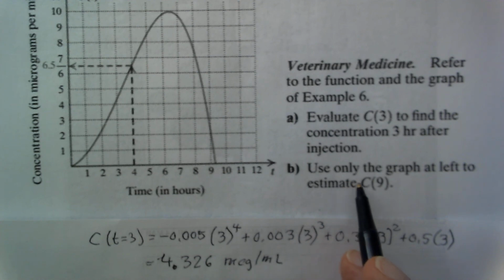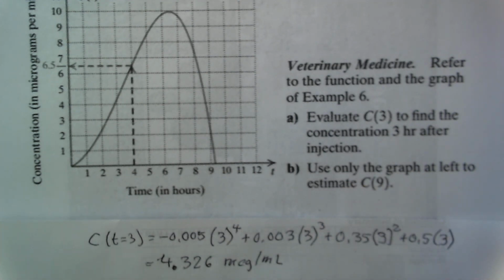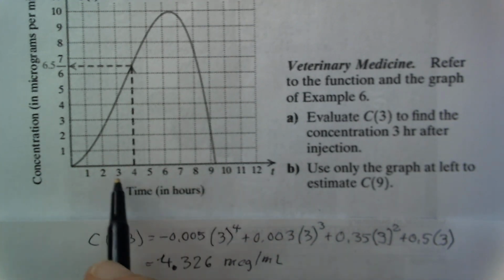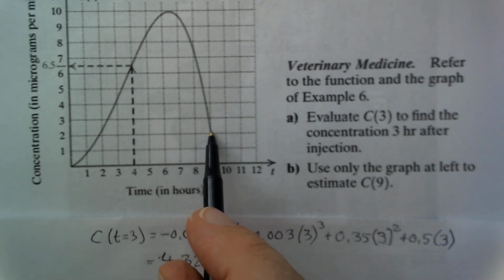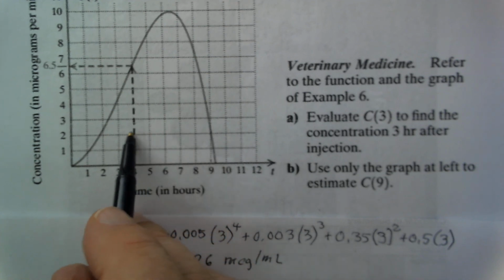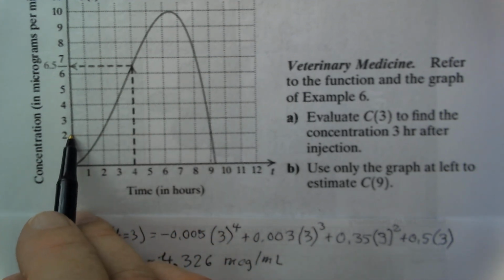And then it says use only the graph at left to estimate C of 9. Well, C of 9 then means after 9 hours. So here's 9. And so the vertical line meets the curve here. And we go over to the left. And that says 2.